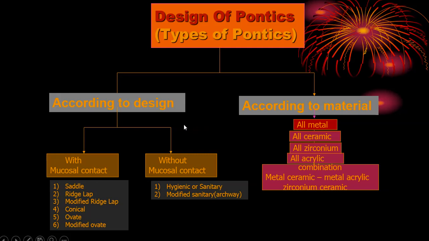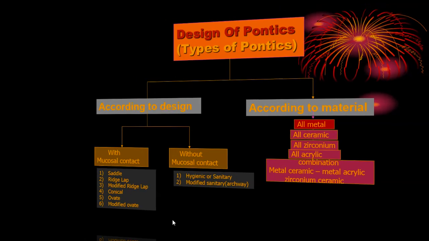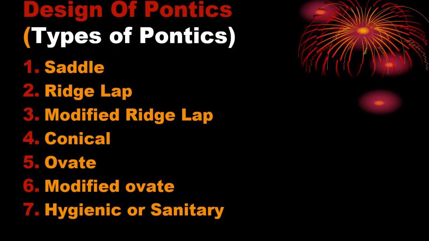According to the shape, we divide it into two groups: with mucosal contact and without mucosal contact. Without mucosal contact we have the sanitary or hygienic pontic and the modified sanitary, and with mucosal contact we have saddle, ridge lap, modified ridge lap, conical, ovate, and modified ovate. Of course we will explain each one, according to its shape.